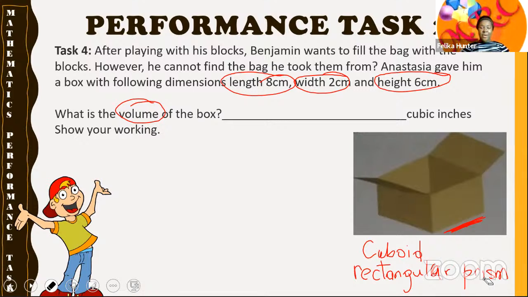Try unmuting your mic again, I wasn't hearing you the first time. So can someone else tell me how we know that this box is a cuboid?